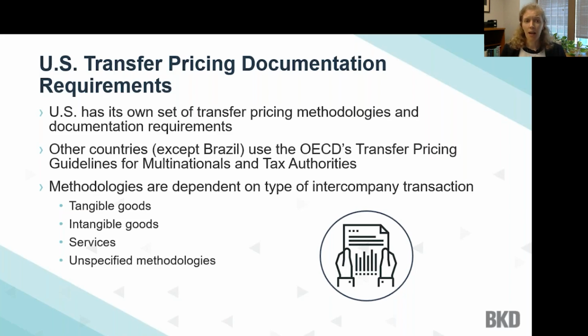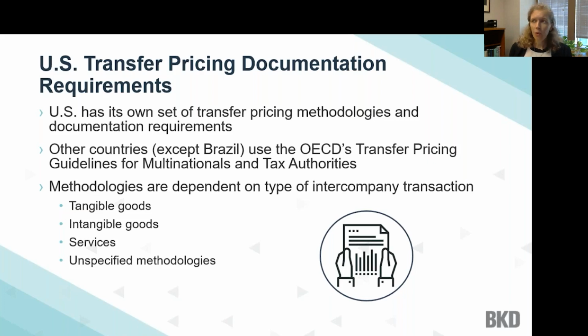Generally, we prepare a report that outlines the company, the intercompany transaction, the functions being performed by which entities, what methodology we're going to select, and then the economic analysis that proves out what the transfer pricing is.